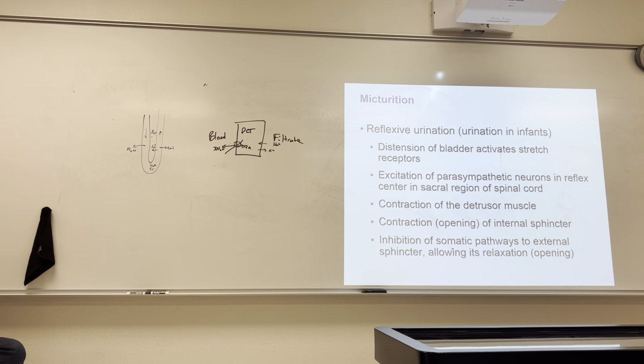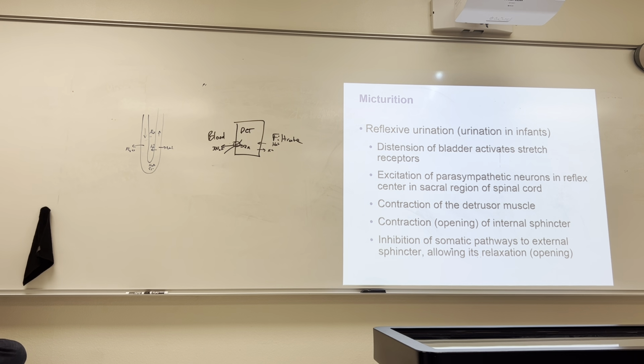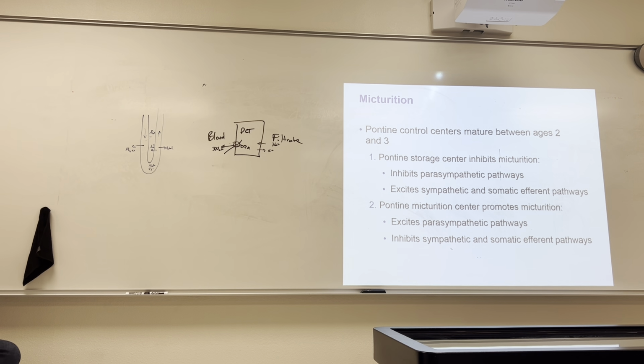There's no control there. It's not until parts of the brain start to mature in the brainstem that they're able to control this. So usually somewhere between 2 and 3, that part of the brain starts to mature, and then you have these pontine control centers in the pons that start to develop.